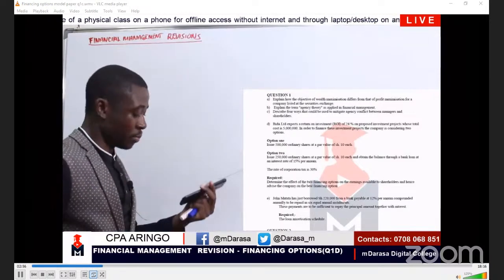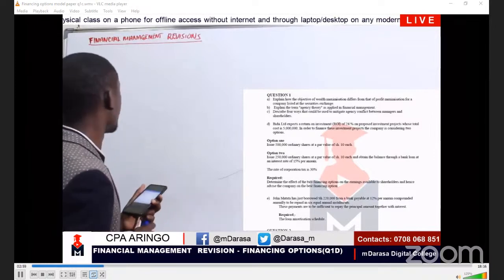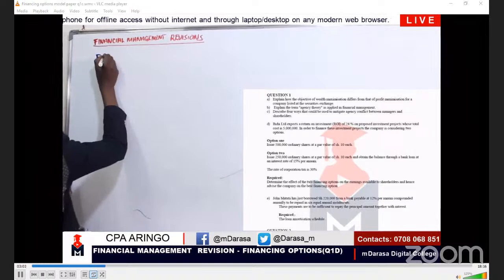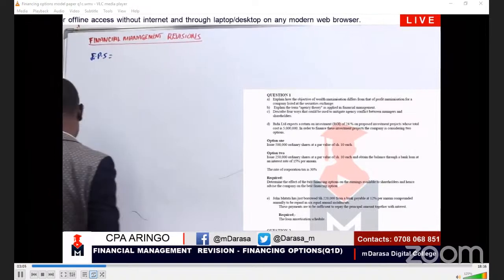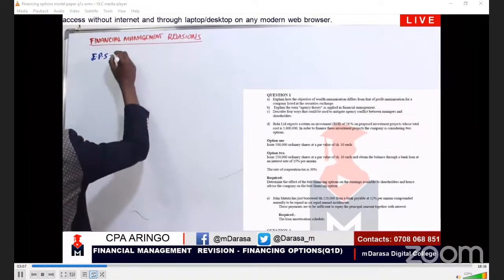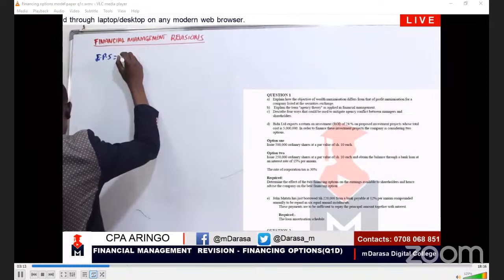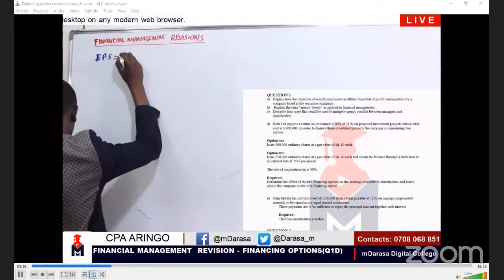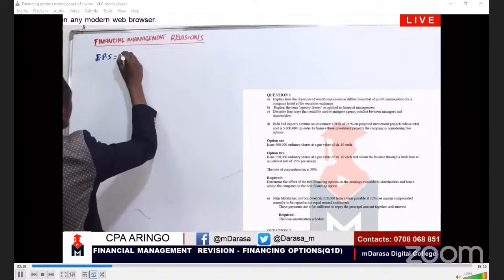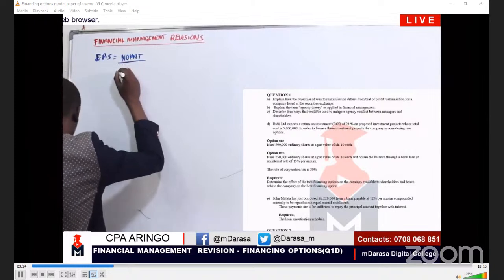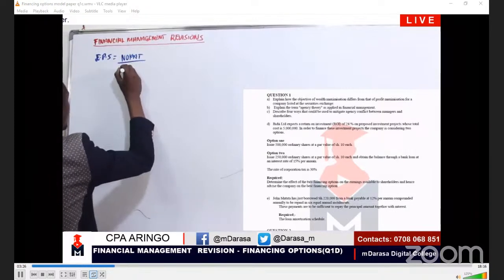And recall, at this point, it is very vital that we should always remind ourselves on how to determine our EPS. Anytime you're talking of earnings per share, basically what should come at the back of your mind is NOPAT, that is net profit after tax. We are going to divide this by our number of shares.